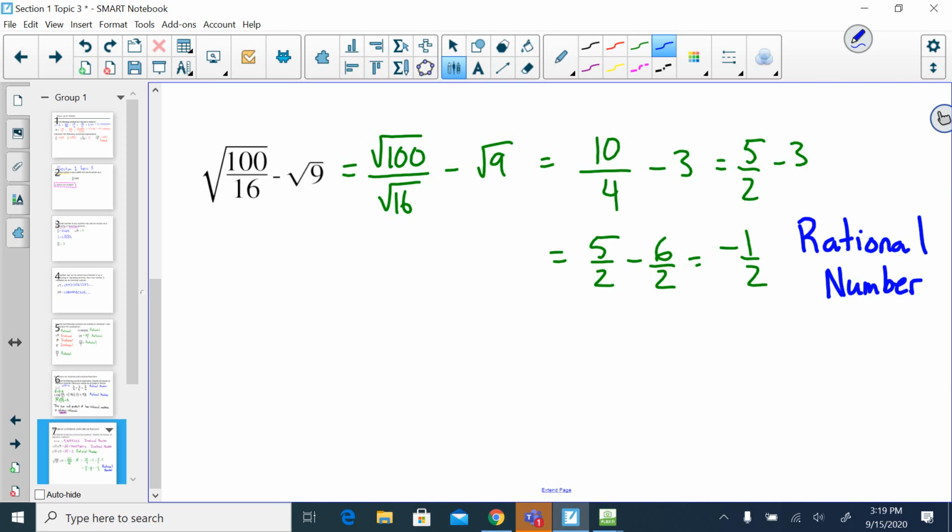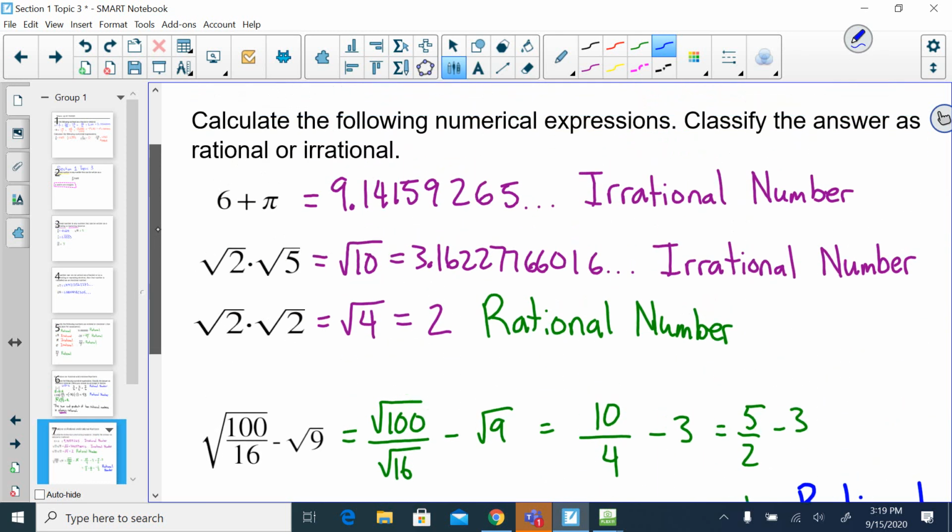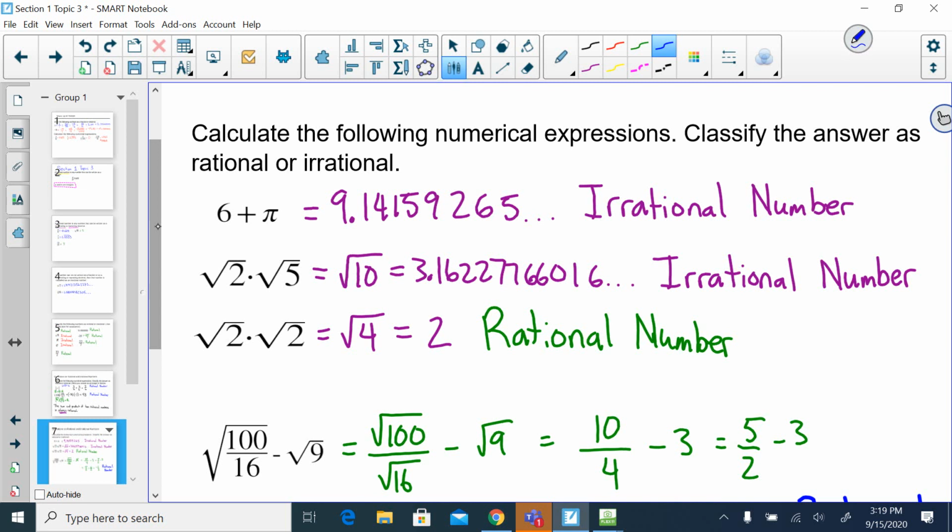So, let's talk about what we just did in this particular one. 6 is a rational number. Pi is an irrational number, and hence our answer was irrational.